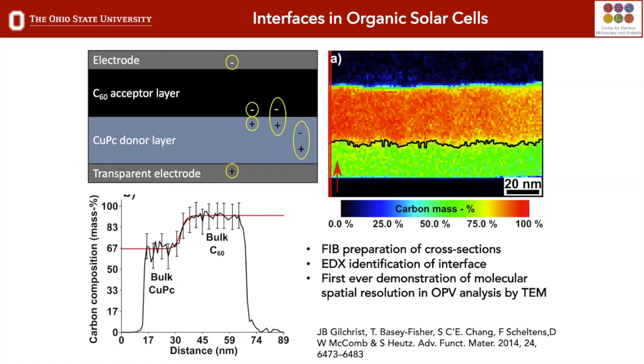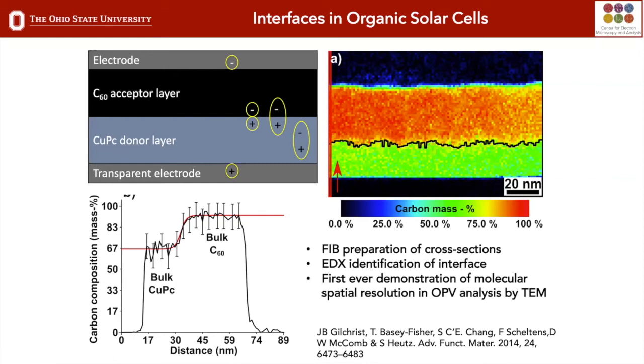In these 2 layers, you have about a 25 and a 75% carbon mass. Through EDS, we were actually able to quantify that difference, which is just truly amazing.